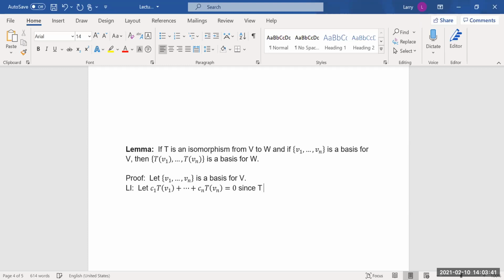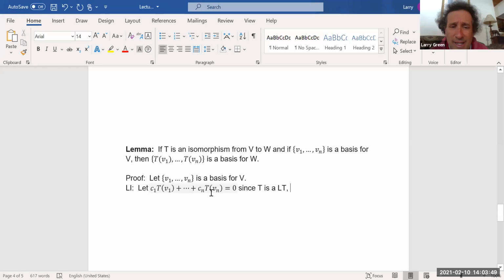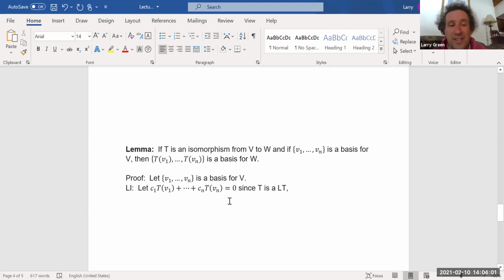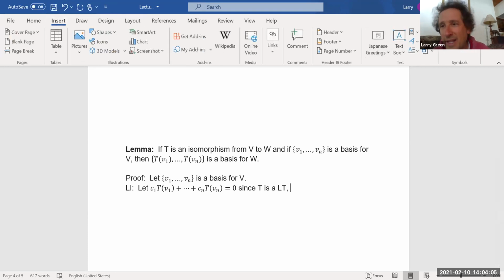Say that C1 times 0, right? C1 times 0? No, not quite. It's a linear transformation, so I have to use the linear transformation property. We could put the C1 and the Cn inside if we wanted to, and I can bring in the pluses. Yeah. So I'm going to do both of those at once. I can do one at a time, but that's just a lot of work.